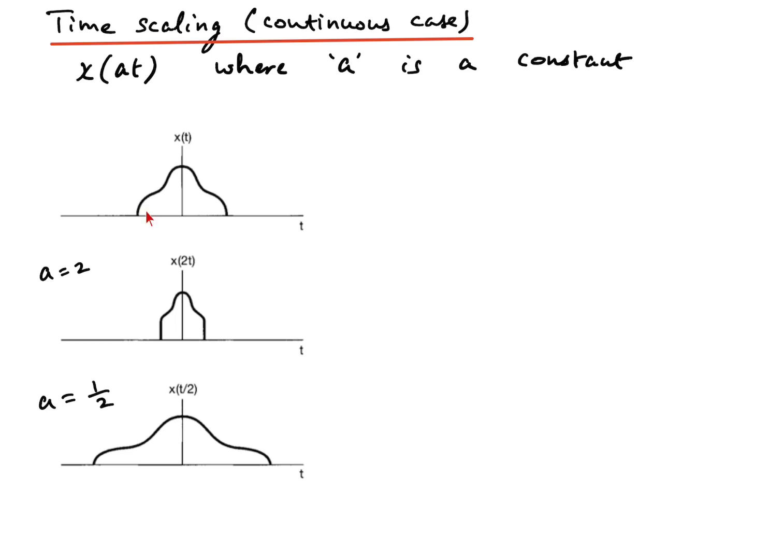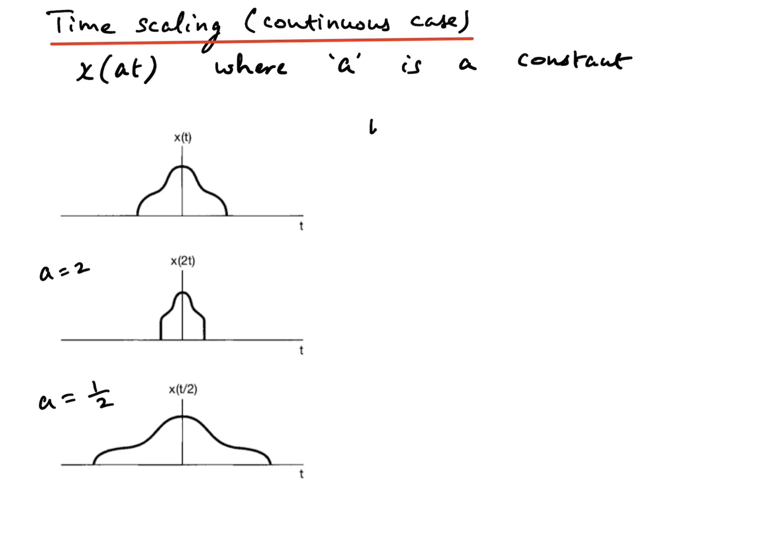If the original signal had a certain duration and you play that signal faster, then the signal will be finished in a shorter time. And if you are playing that signal at a slower rate, then you will have that signal playing out for a longer duration of time, right? And that is exactly what we are seeing here.